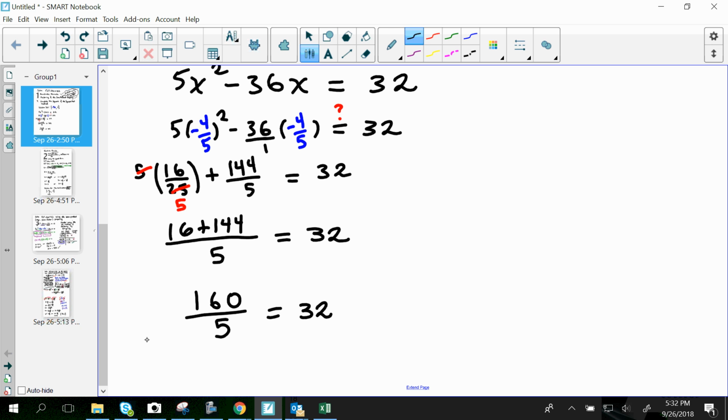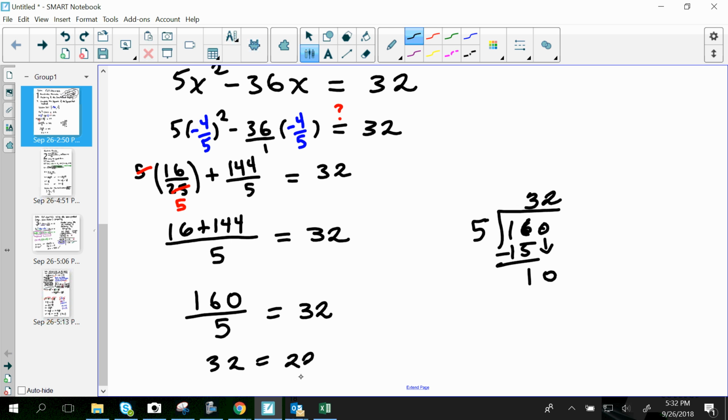If you do 5 into 160, you can have 5 go into 16 3 times with a remainder of 1, bring down the 0, 2. So yeah, that's 32 equals 32. Okay.